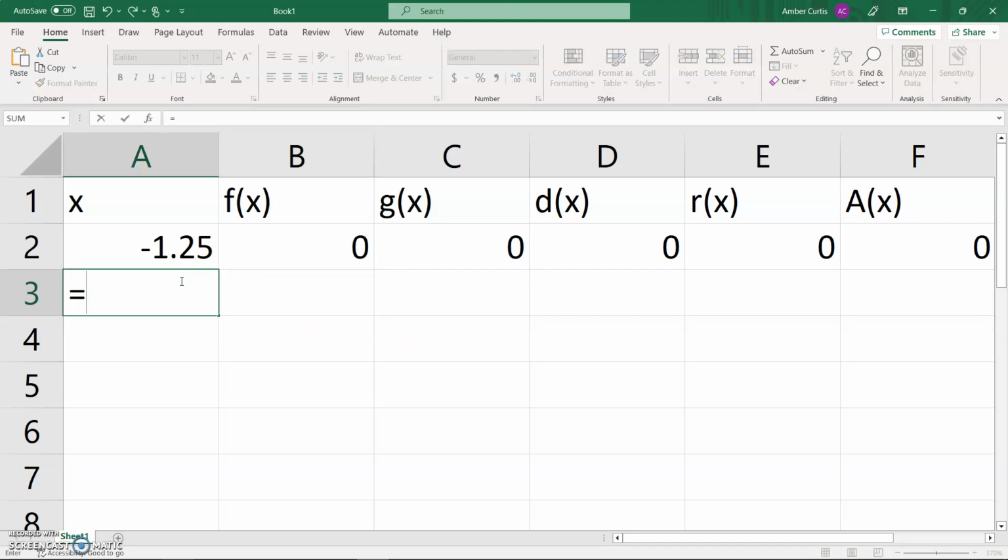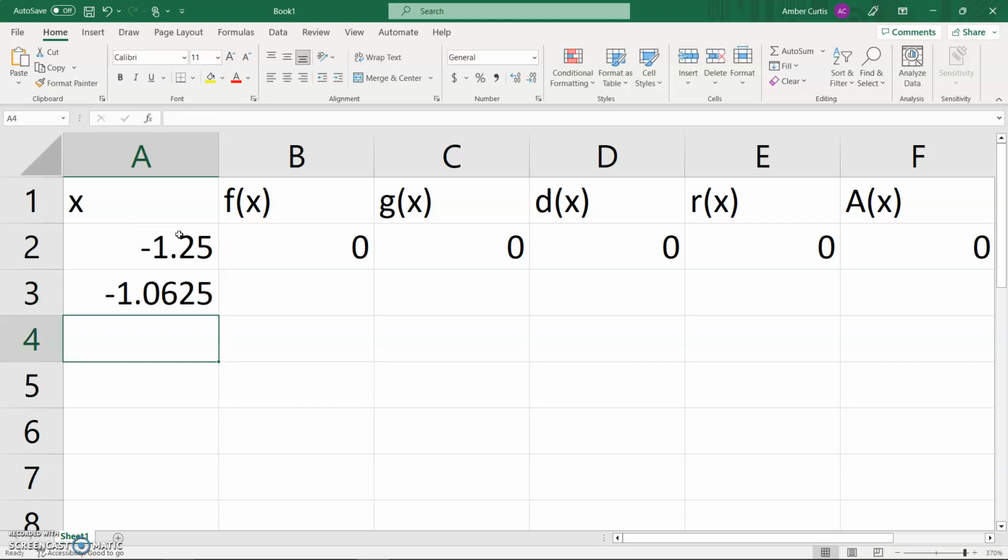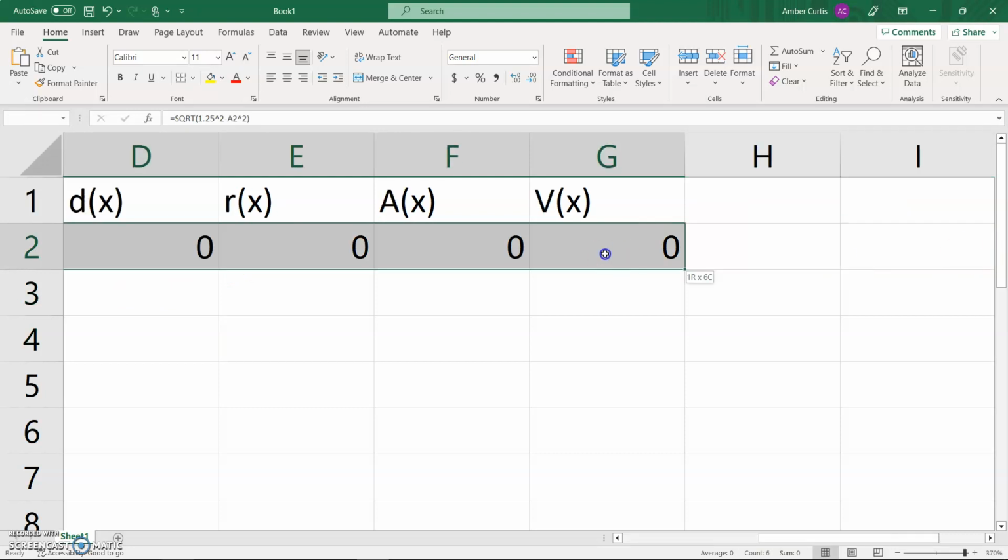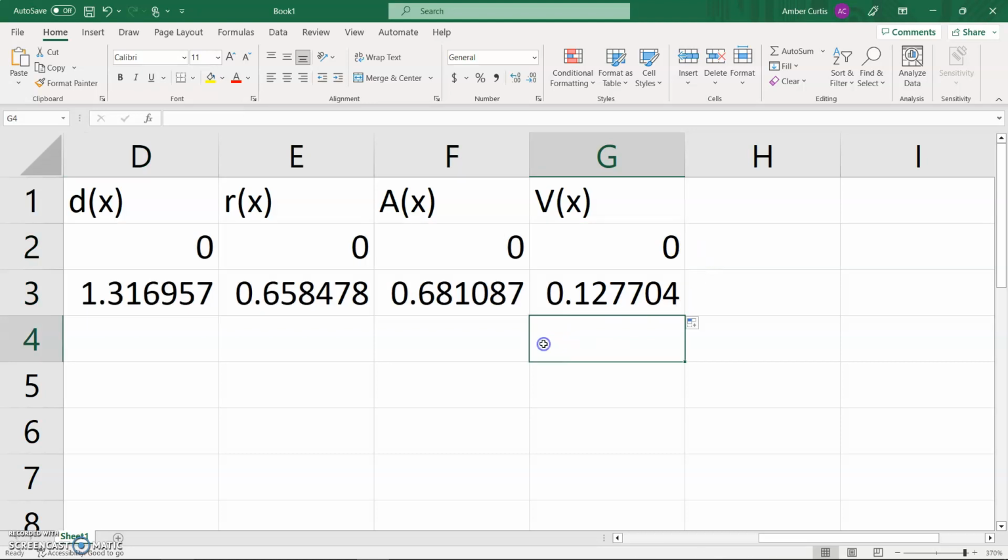Now I need to tell Excel where the next cross section begins. And it will start from the previous one plus the thickness of the board. So I will add that 3/16. Now here's where the magic happens. I'm going to take all the formulas from before and I'm going to drag them down.